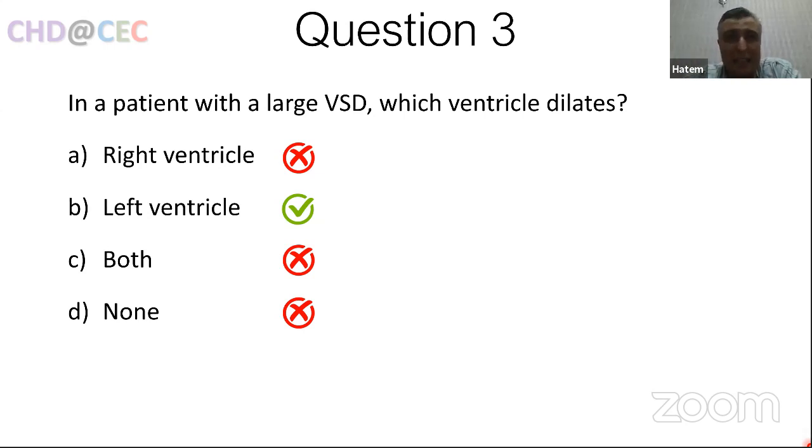And then it suddenly, acutely gets exposed to really high pressure, the systemic pressure. And then the right ventricle fails because of the acute increase in right ventricular pressure. So this is a bit of more added factors in addition to just the shunting of the VSD itself.